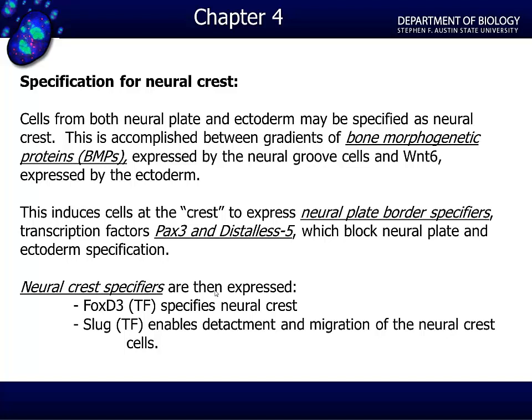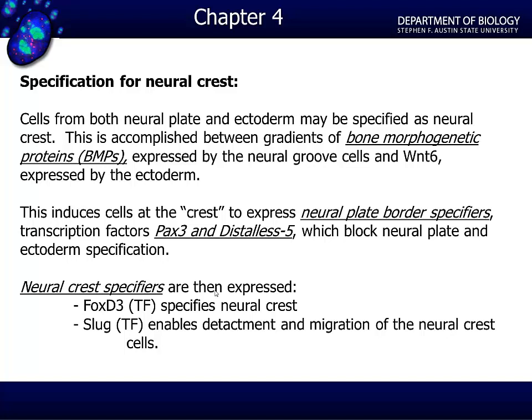But what we're going to see is that these two factors, the BMPs and Wnt6, from the ectoderm and from our neural tube, are going to induce the neural crest cells, and they're going to express what are referred to as neural plate border specifiers. Now, these are transcription factors, PAX3 and Dlx5.